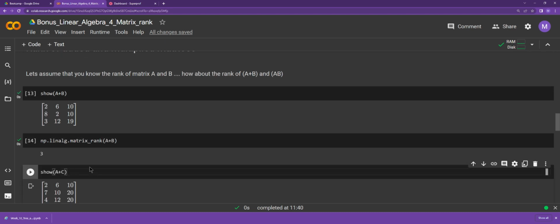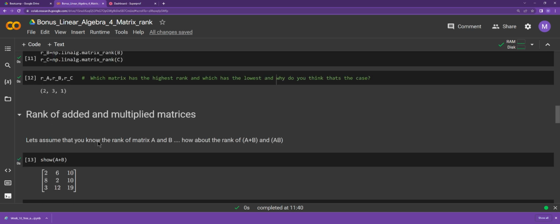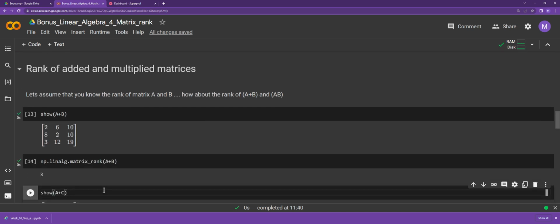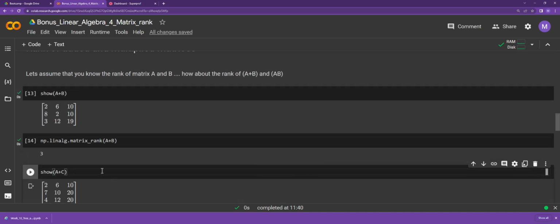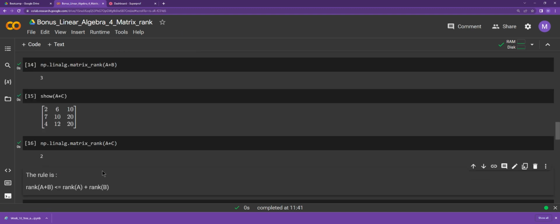What about adding A and C? Remember, C had a rank of 1 and A had a rank of 2. If we run that, we get a rank of 2.